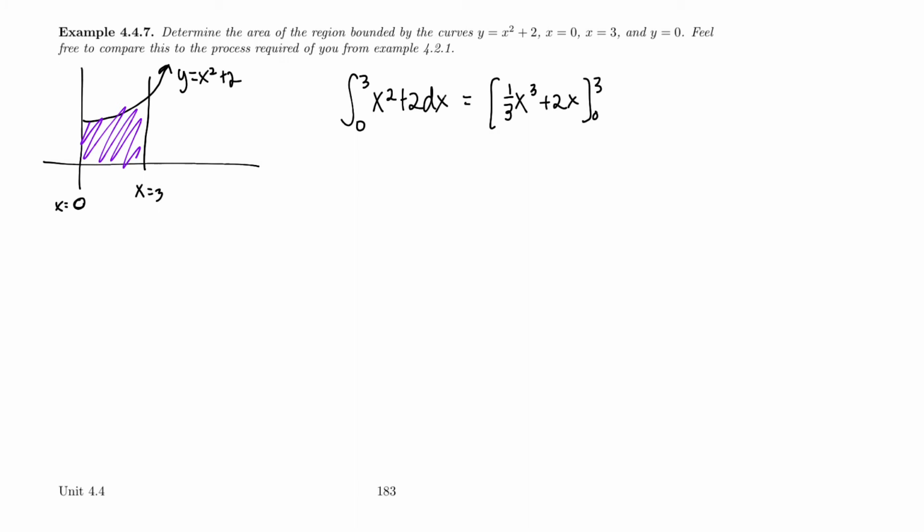When you plug in 3, you're going to have 1/3 times 3 cubed plus 2 times 3, minus the uninteresting case where you plug in 0 because that just comes out to be 0. But in either case, write it all down. So this should come out to be 15 minus 0, which gives you 15.